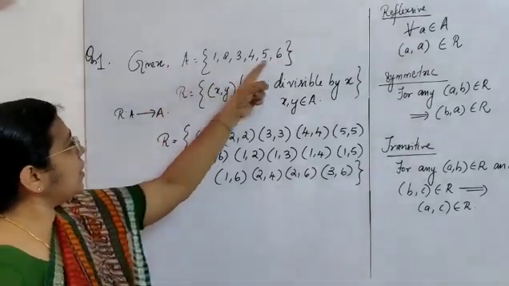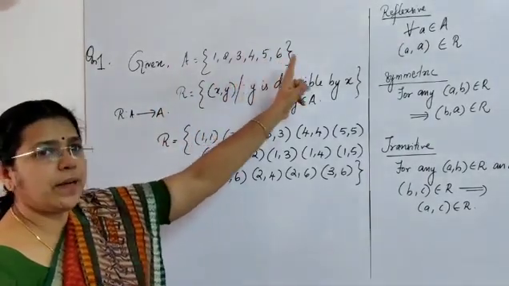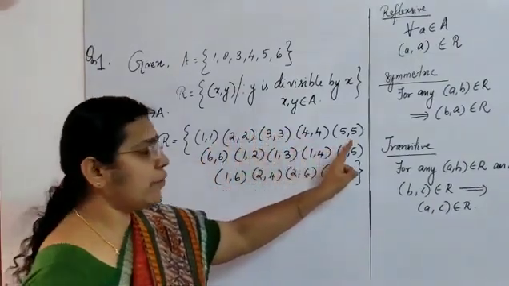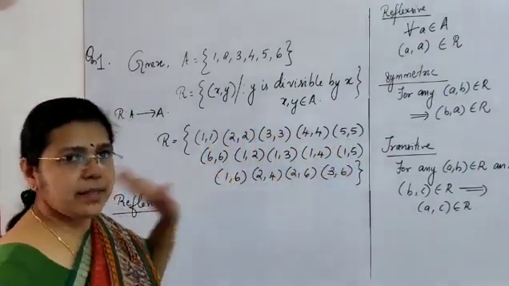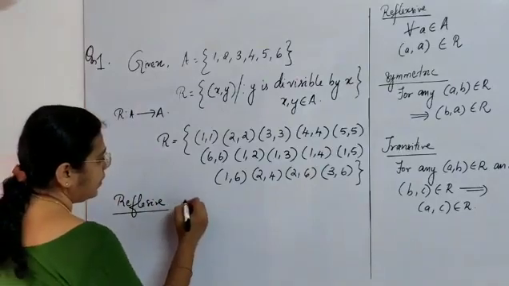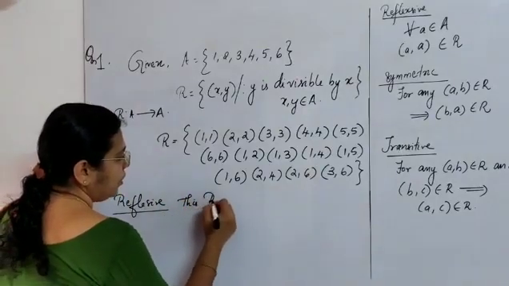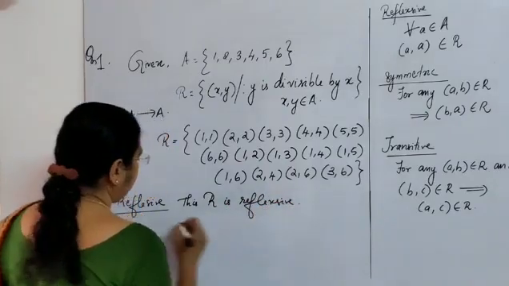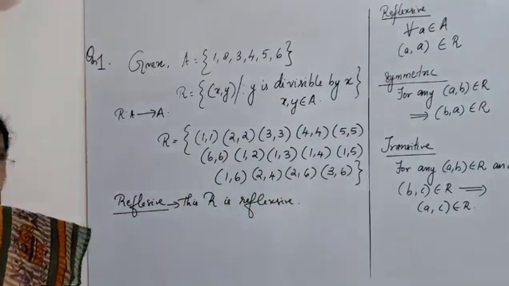Here all the elements are 1, 2, 3, 4, 5 and 6. Do you have (1, 1), (2, 2), (3, 3), (4, 4), (5, 5) and (6, 6)? Yes. That means this relation is reflexive, definitely.